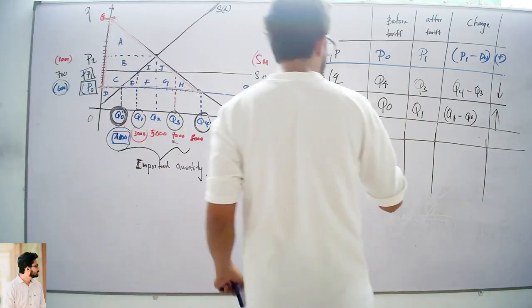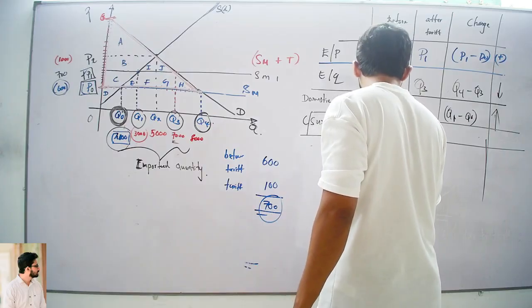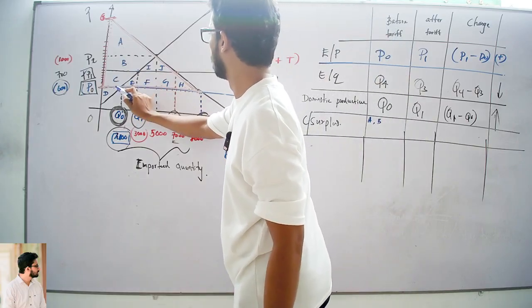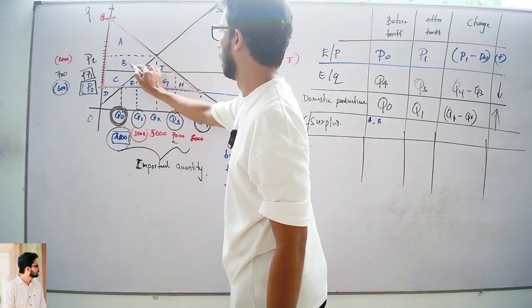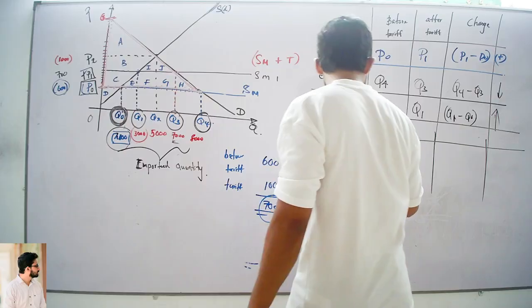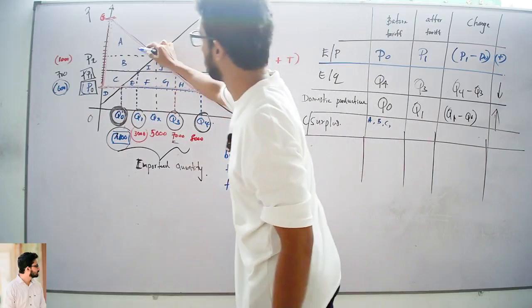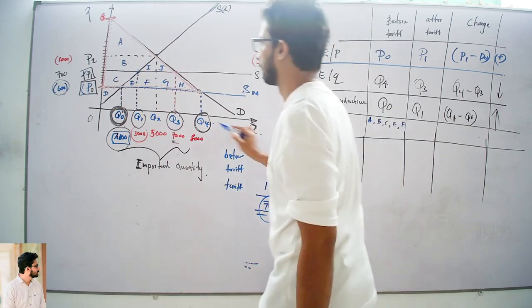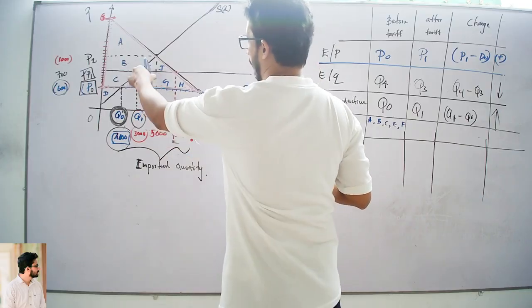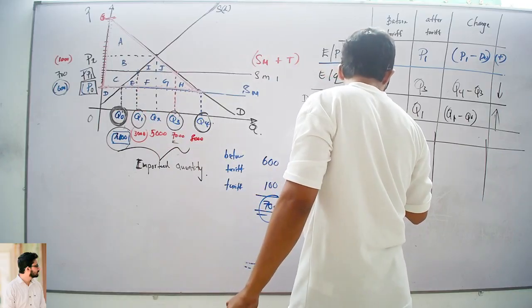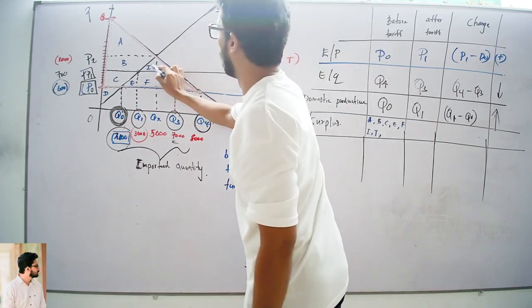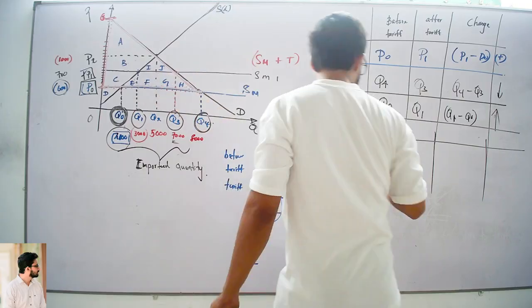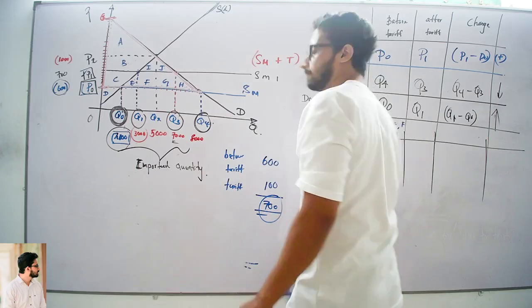Consumer surplus: A, B, and all of these come in. A, B, D do not come in. A, B, E, F, I, J. F, I, J, E, H. Okay, look.